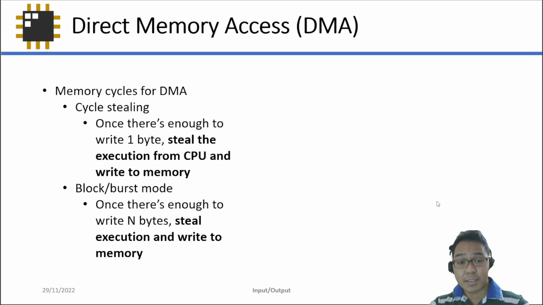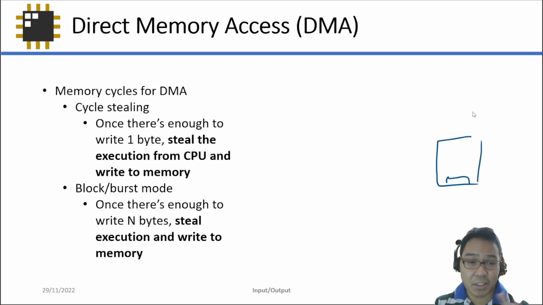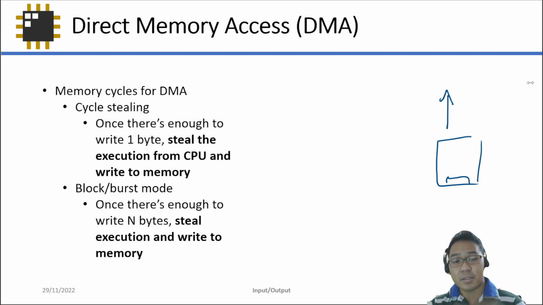So, in cycle stealing, whenever there's enough to transfer 1 byte of data, the DMA steals the execution from the CPU and writes it to memory. So say whenever the DMA device takes 8 bytes from the SD card, maybe every 40 clock cycles, it takes one clock cycle to write that byte to memory, and then the control goes back to the CPU, and the CPU is free to do whatever it wants.